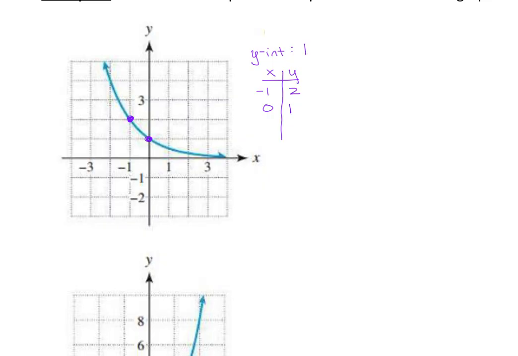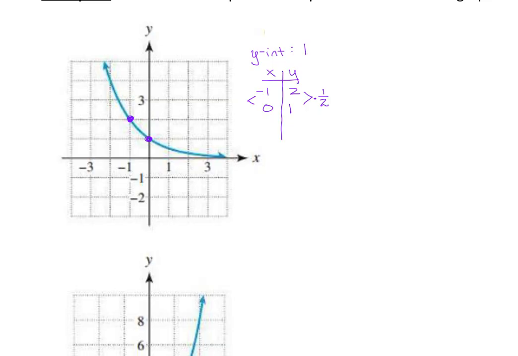All right. As we increase our x's, what are we doing to the y's? Well, here we are dividing by 2, and remember that dividing by 2 is the same thing as multiplying by 1/2. And so that is my base multiplier, 1/2.